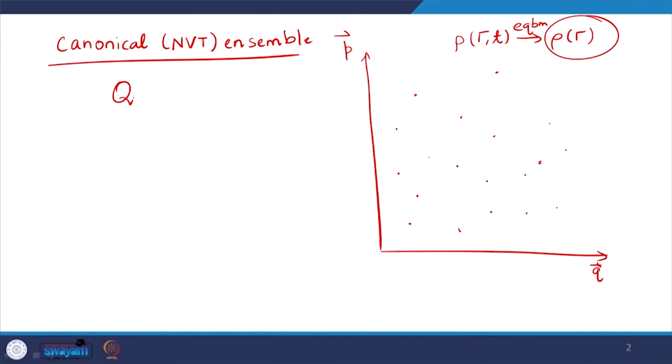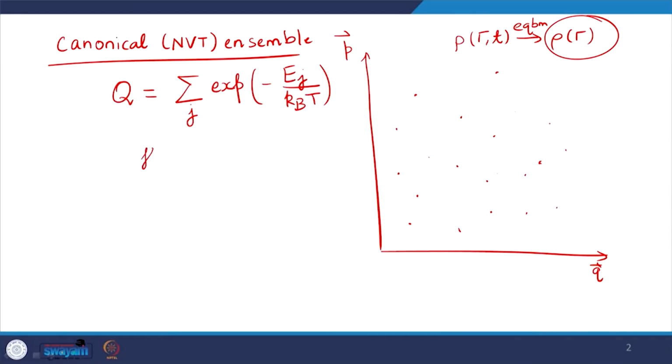So, I am working in the canonical ensemble, for which the partition function is given as the sum over the states of exponential of minus beta Ej, or minus Ej by kBT. Now, I have said in classical mechanics, we are pretty much covering the entire phase space, so to speak.